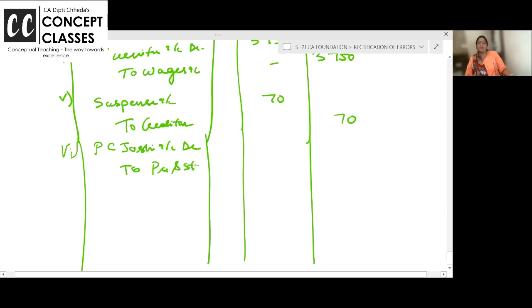Why so? Joshi has to pay me. When I did bank to Joshi, I debited bank, I credited Joshi, that check got dishonored. So Joshi to bank. Bank is credited correctly, but instead of Joshi, printing and stationery is debited. So now debit Joshi and credit printing and stationery, which was wrongly debited.